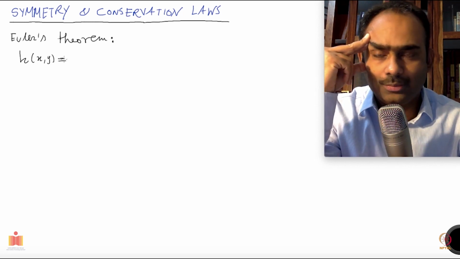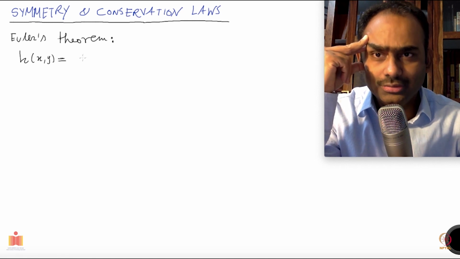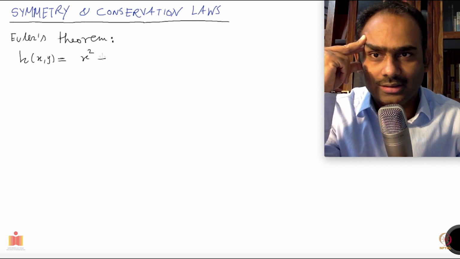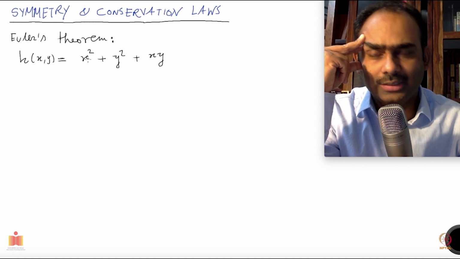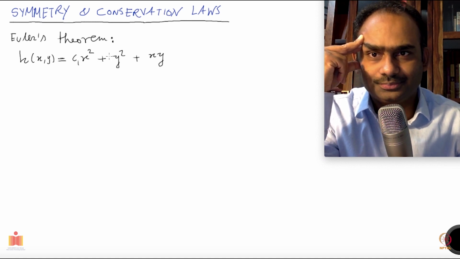So h is a polynomial of degree 2. So I could have something like x square, y square plus xy. You can multiply some coefficients here.